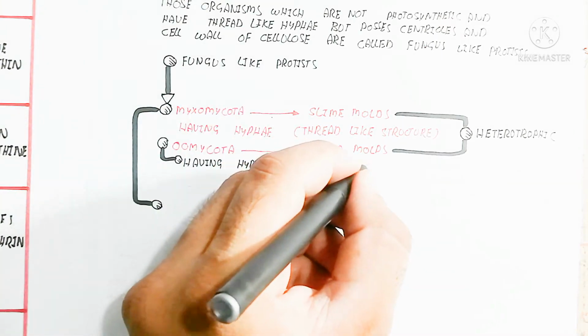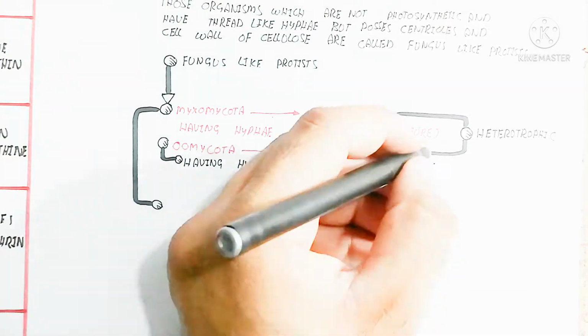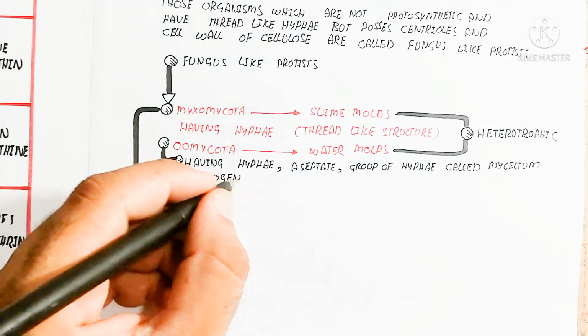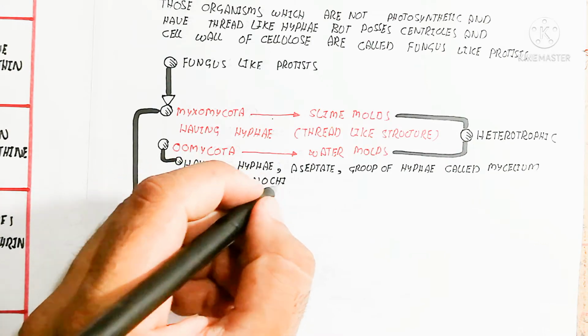Phytophthora infestans is the best example for the oomycota.